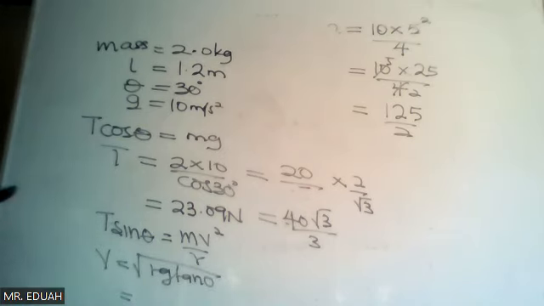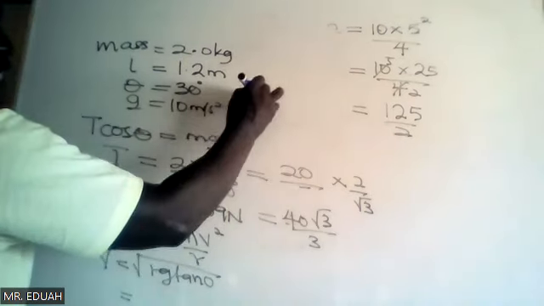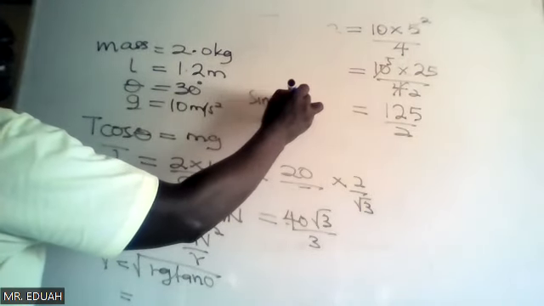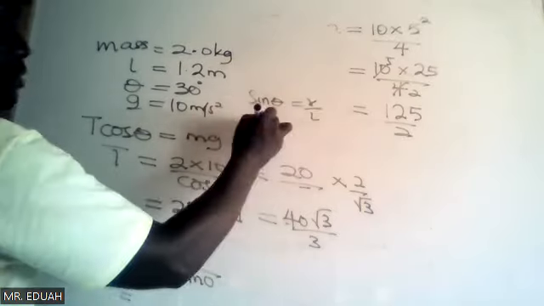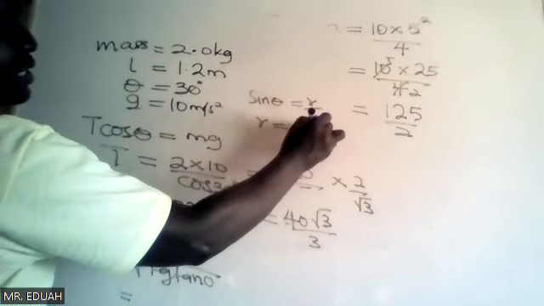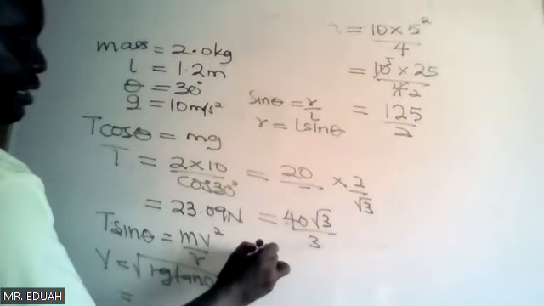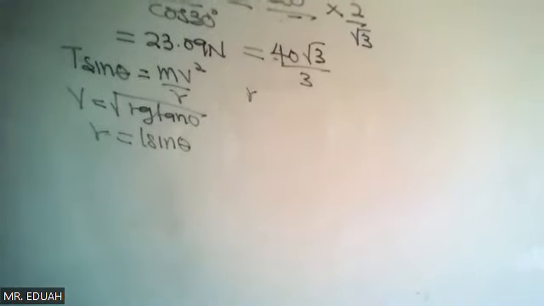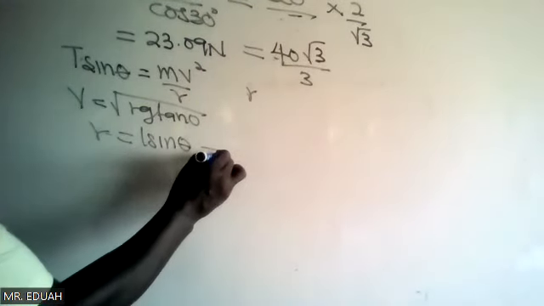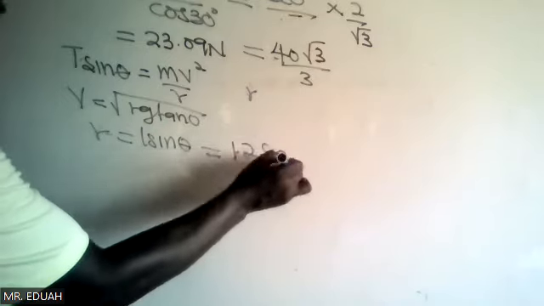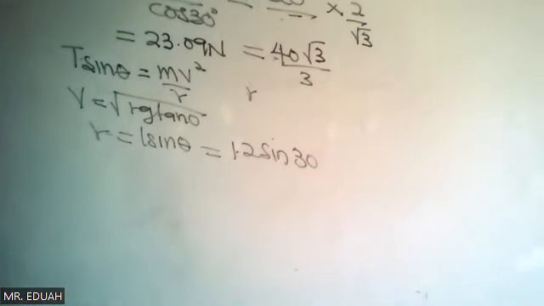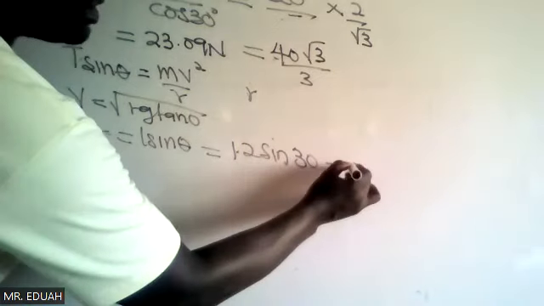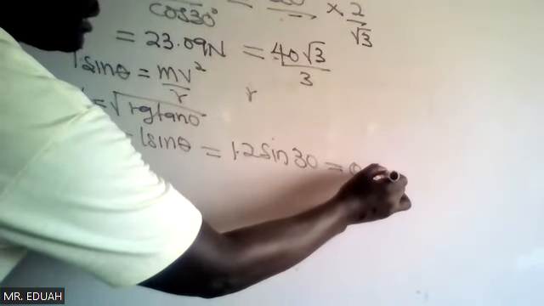I'm not directly given r, but I know sine theta is equal to r on L. Therefore, r is equal to L sine theta, which is 1.2 times sine of 30. Sine 30 is half, so this is equal to 0.6 meter.